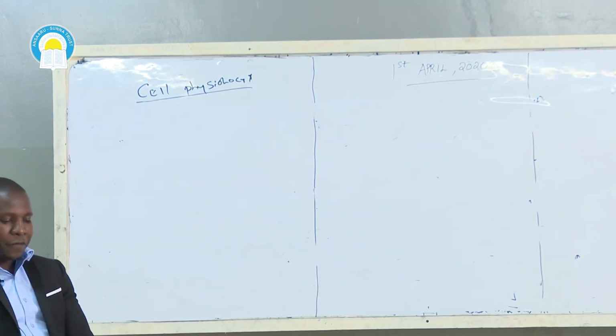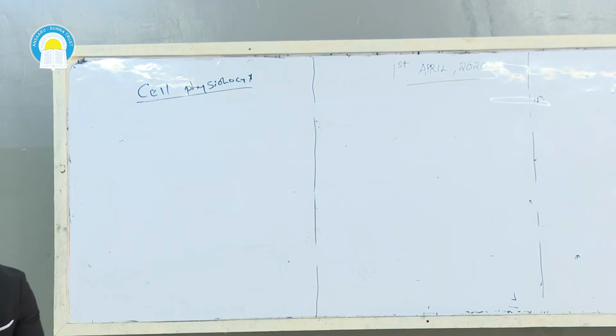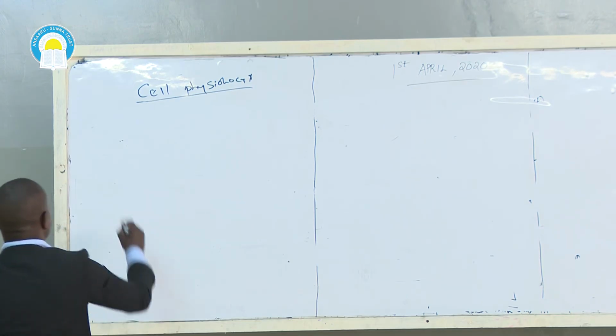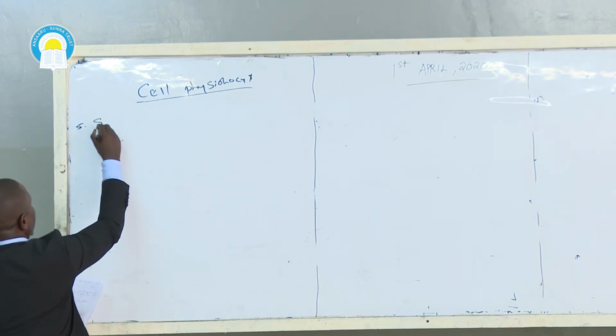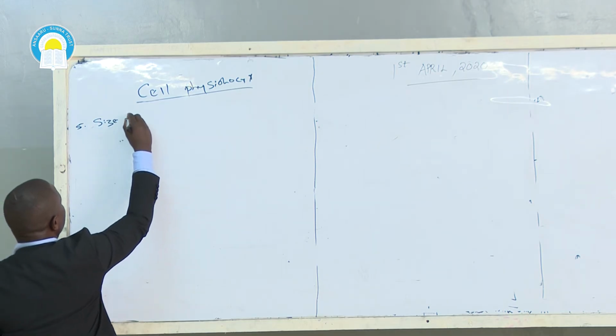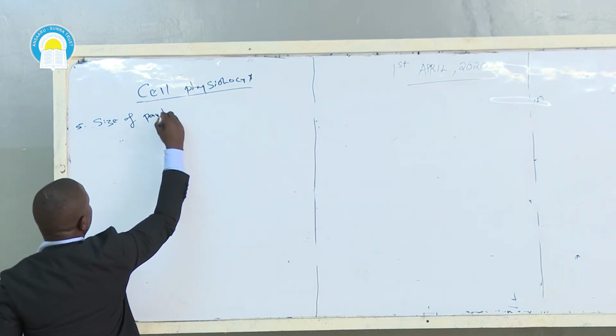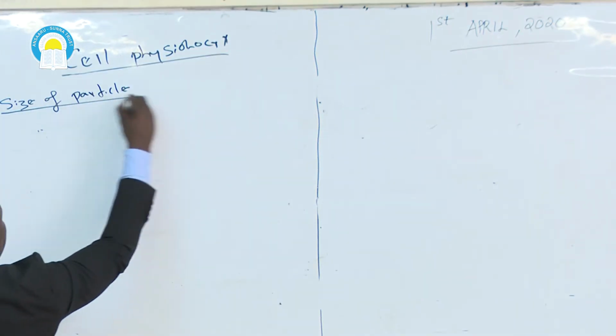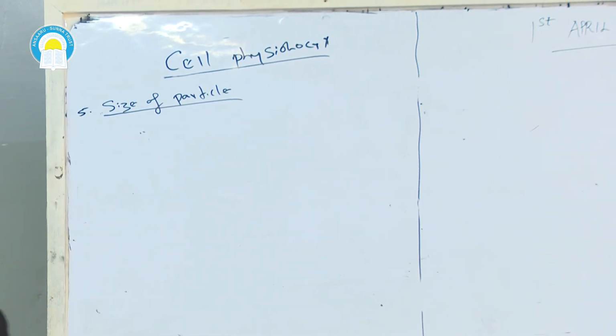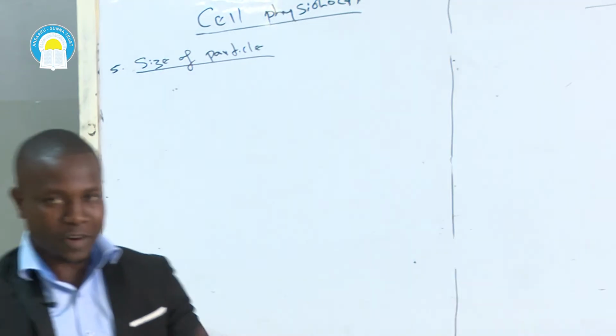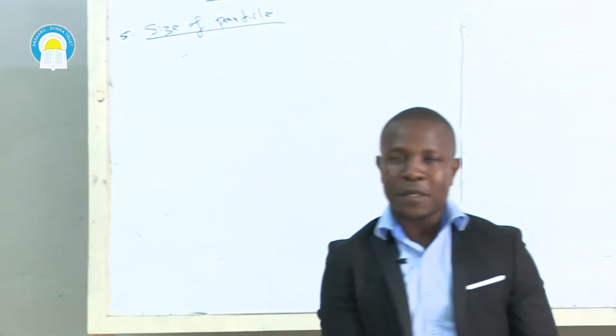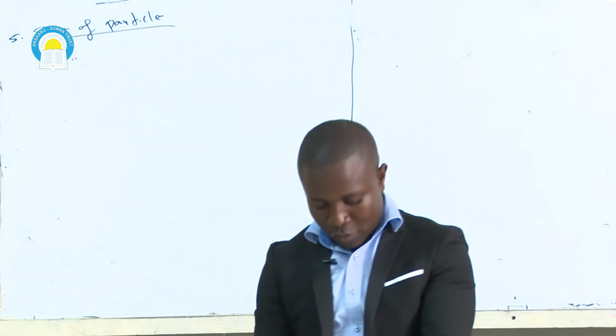So factor number 5 is the size of particle. So for size of particles, you have two types of particles. For example, let us take a large particle and the other one has to be a small particle.